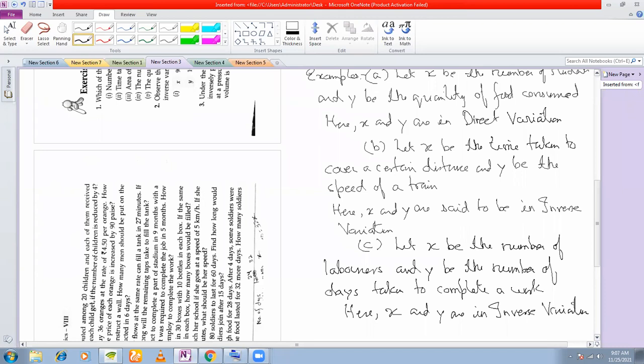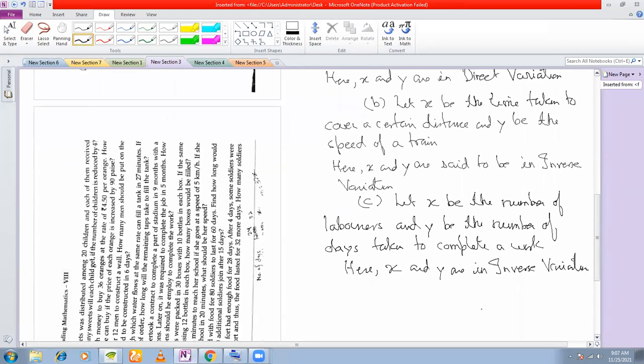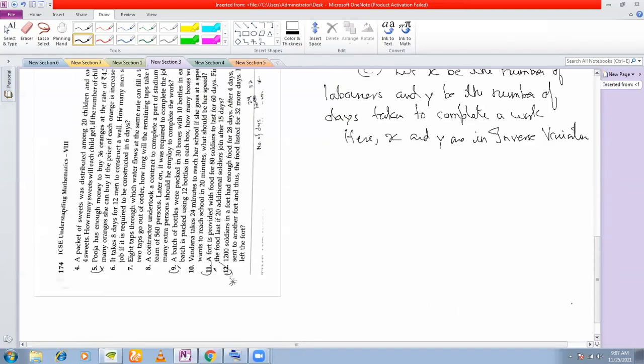Okay. So let us take a sum to understand this better. The problem is: 8 pipes can fill a tank in 2 hours.